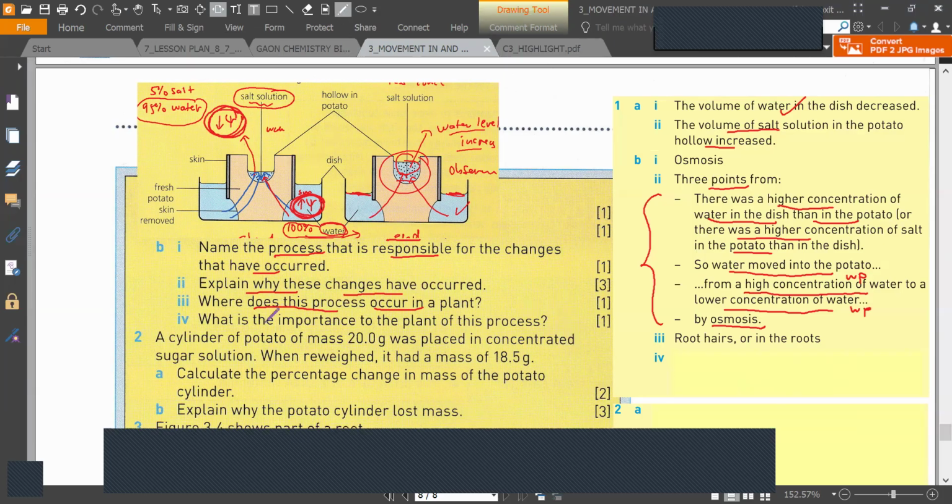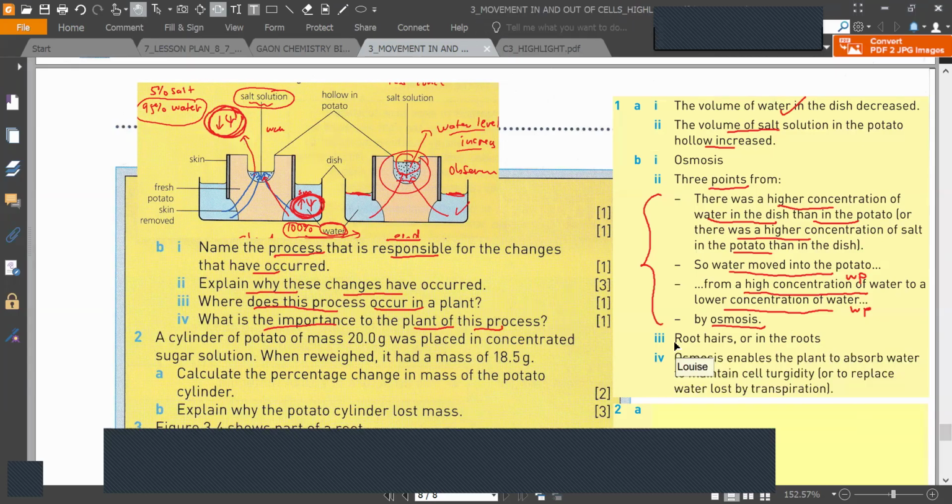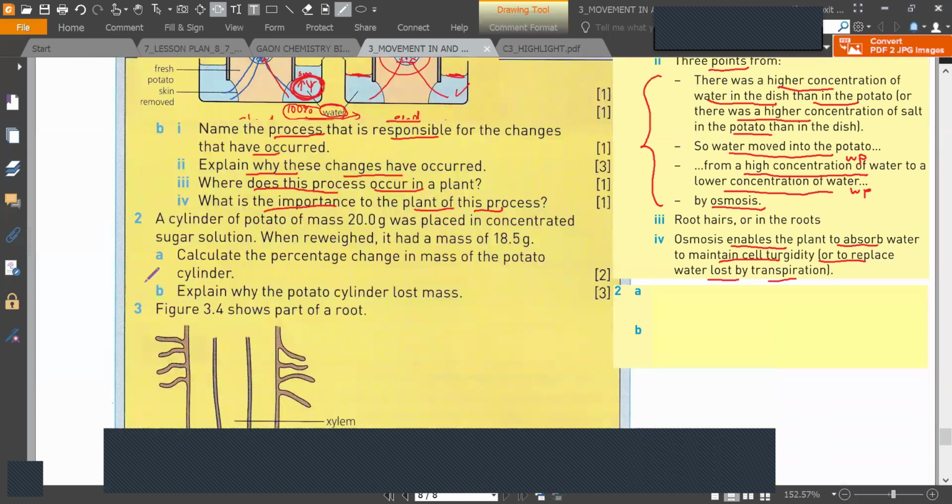What is the importance to the plant of this process? Why is this process so important for plants? It enables the plant to absorb water to maintain cell turgidity or to replace water lost by transpiration. Basically it helps the cell to get enough water.